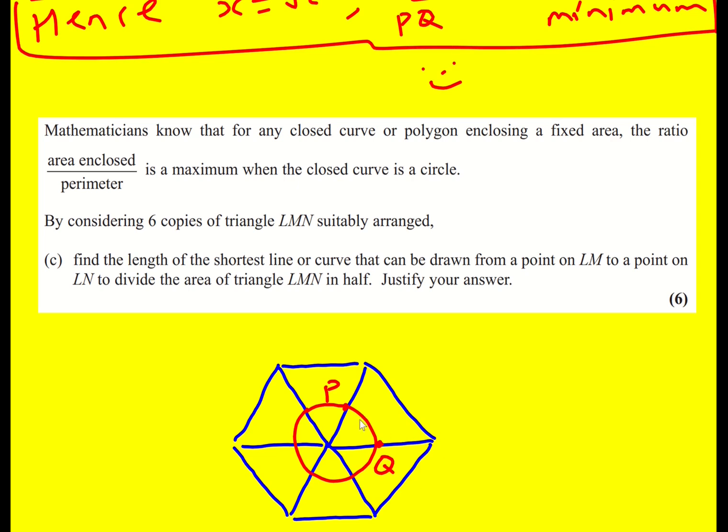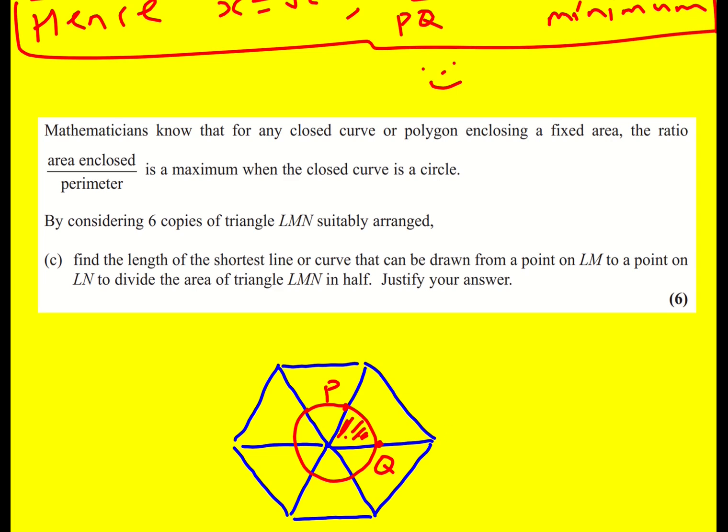What that is saying is, we actually have a fixed area here. It's half of the area of this triangle. I'm talking about this area here that we're trying to create that is half of the big triangle.